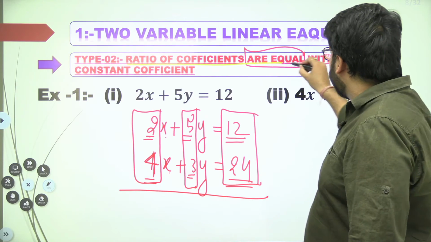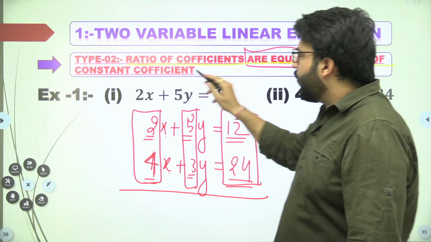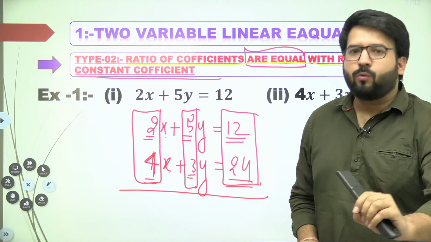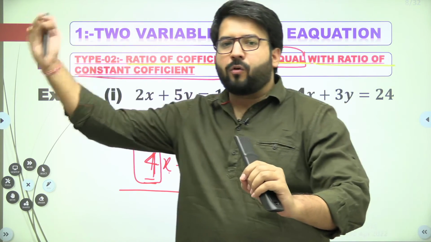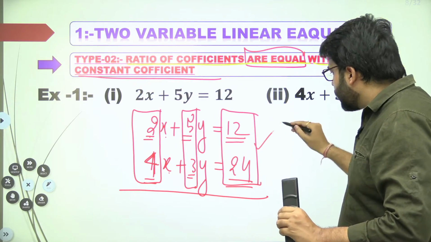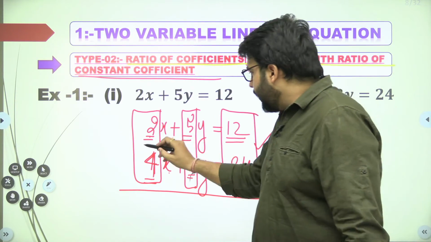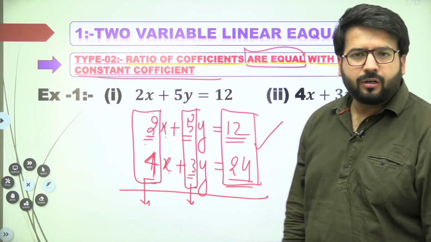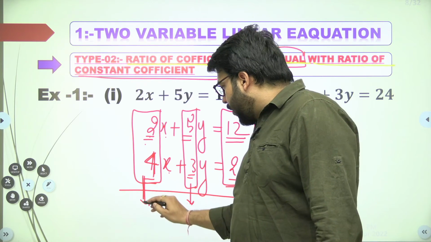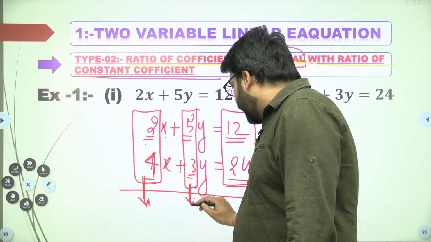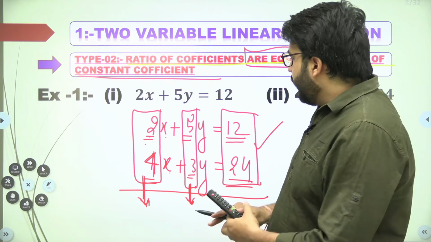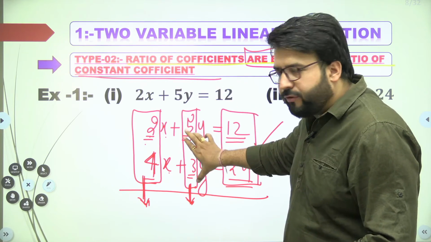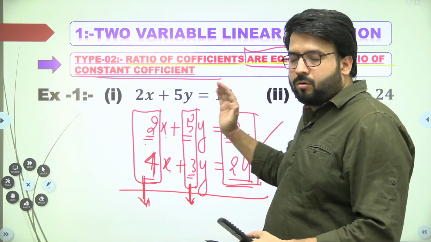Ratio of coefficients are equal with the ratio of constant coefficients. The ratio of coefficients should be equal with the ratio of constant coefficients. So you know, this is the ratio of constant coefficients, and these are the ratios of coefficients: this is the ratio of coefficients of x, and this is the ratio of coefficients of y.